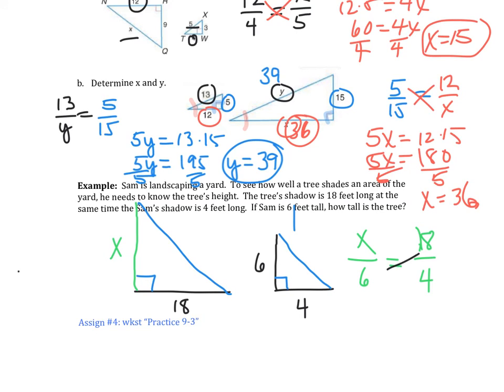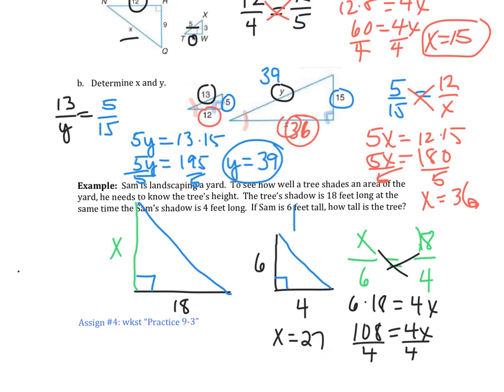Do our cross products here. 6 times 18 is equal to 4 times x. 6 times 18 is 108, equals 4x. Divide both sides by 4, and I know that x is 27. So I know my tree is 27 feet tall.